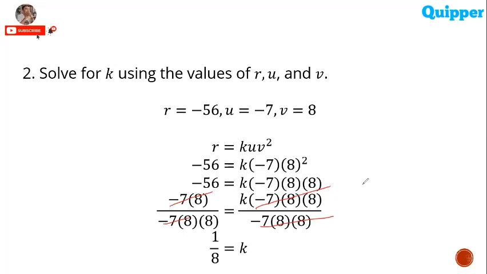So you have -56 is equal to k times -7, then 8 squared is 64.